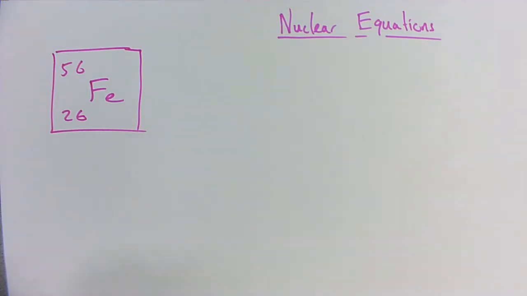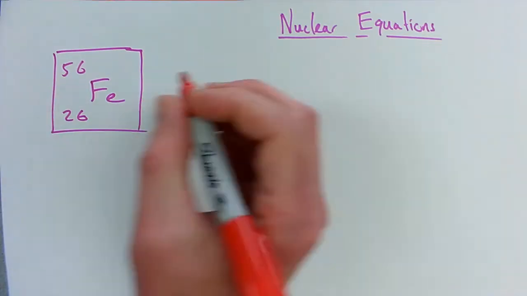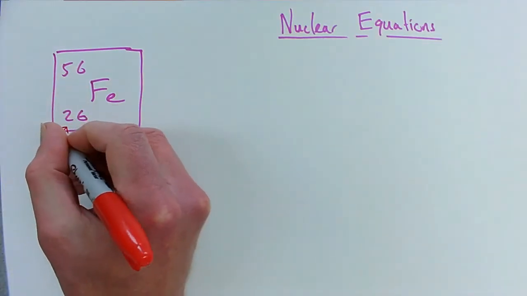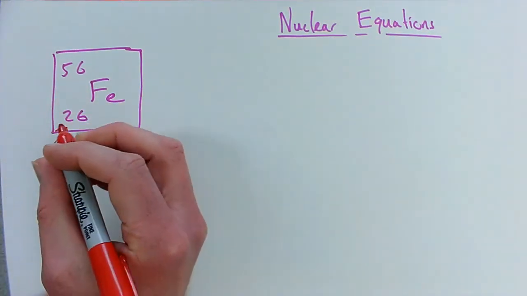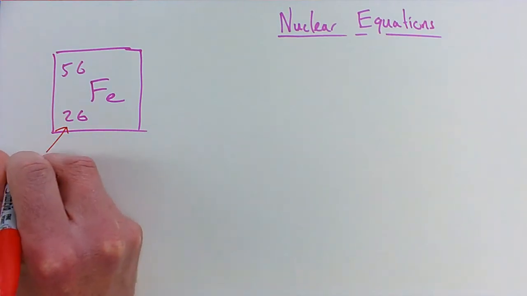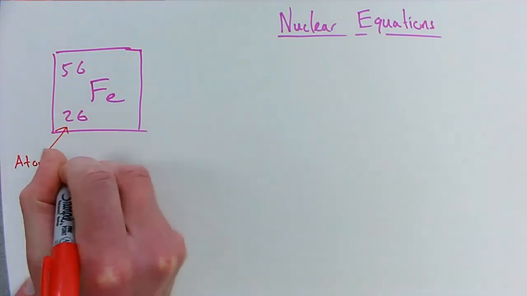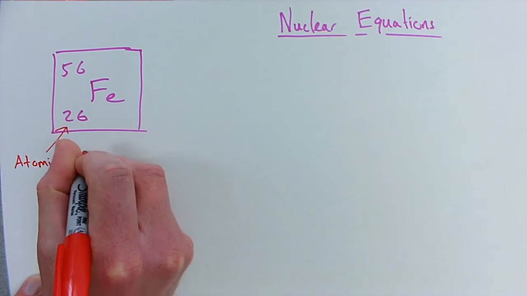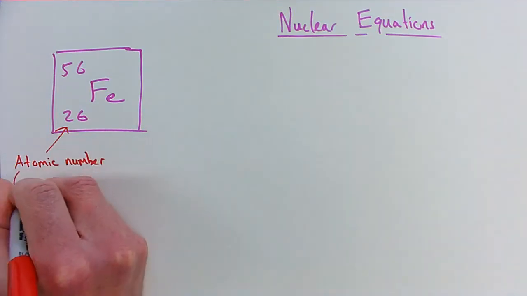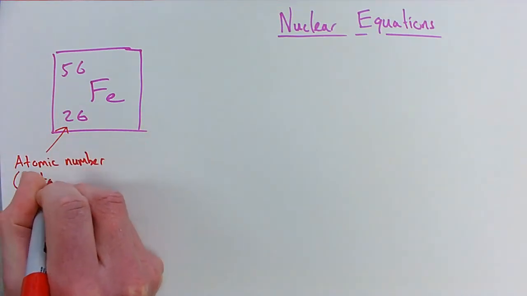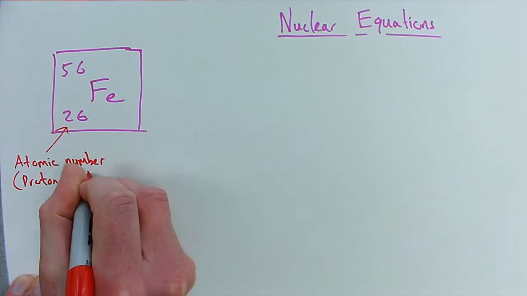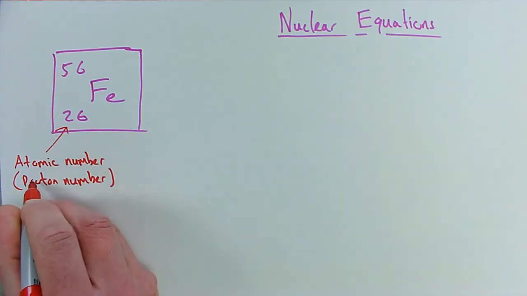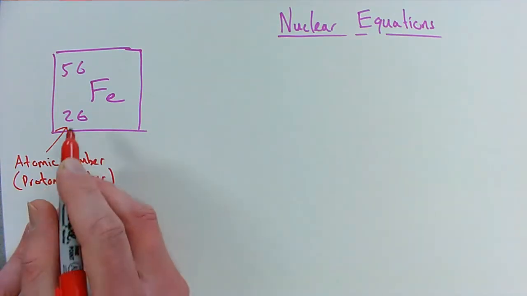We need to know what these different numbers represent, and this is useful for chemistry and for physics. So this bottom number is what we call the proton number, or the atomic number. As the name suggests, it tells us how many protons there are in iron.